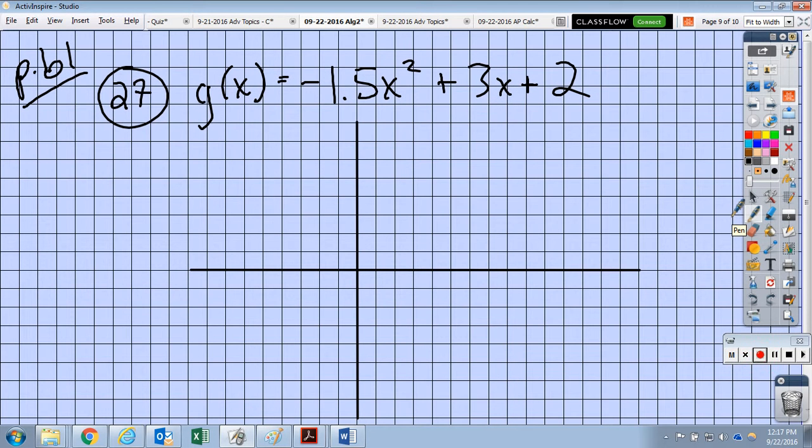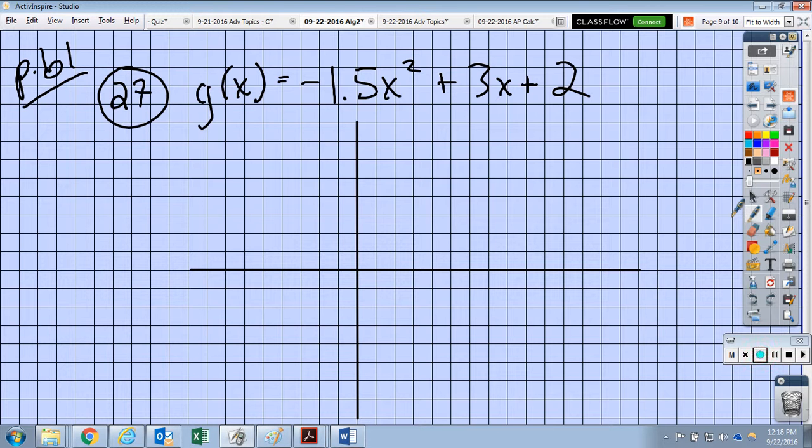Did anyone get this one? How'd you graph this? Where did you start? What point was it? The vertex. Yeah, find the vertex.